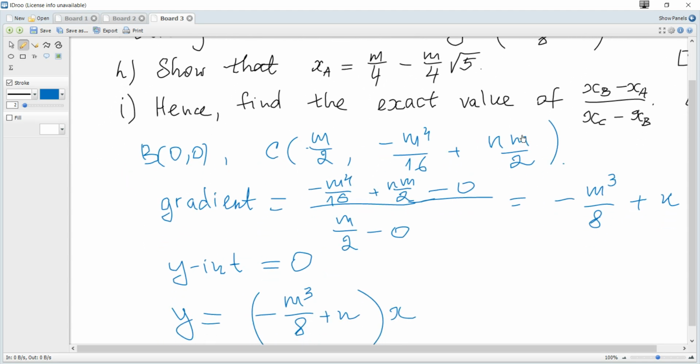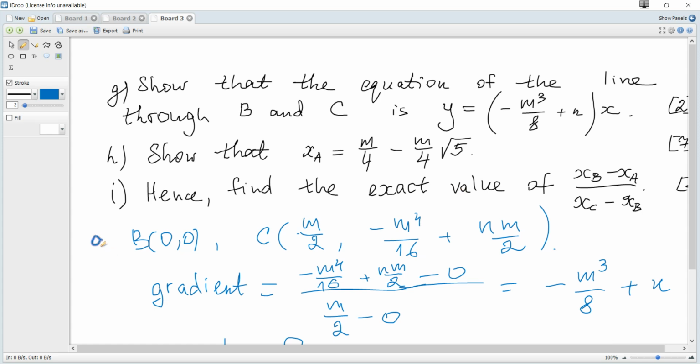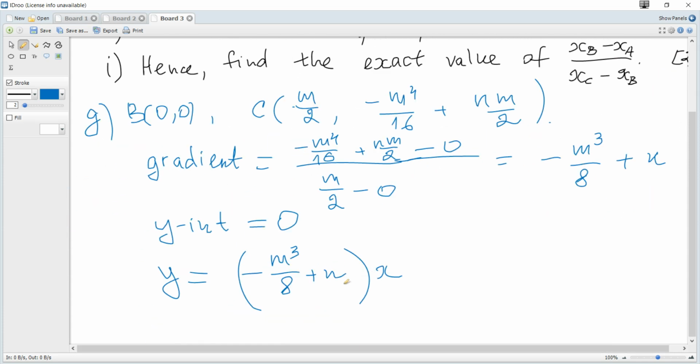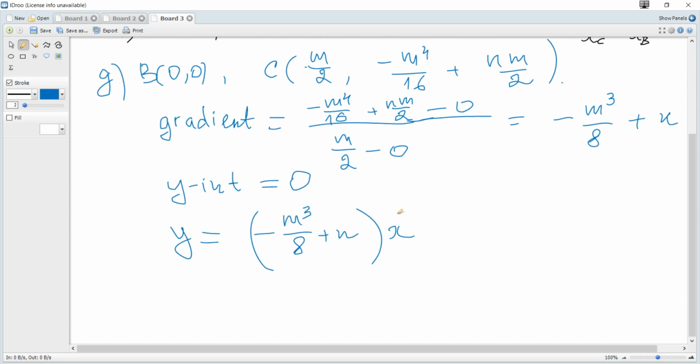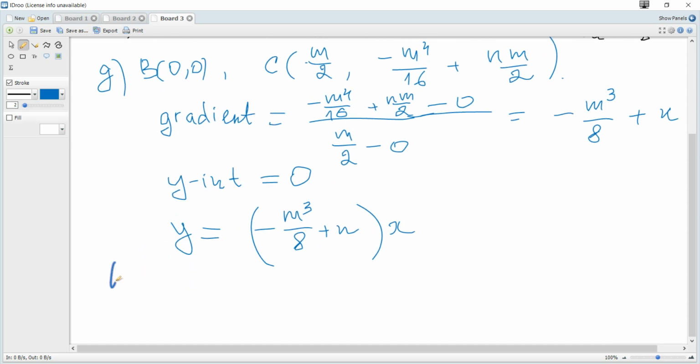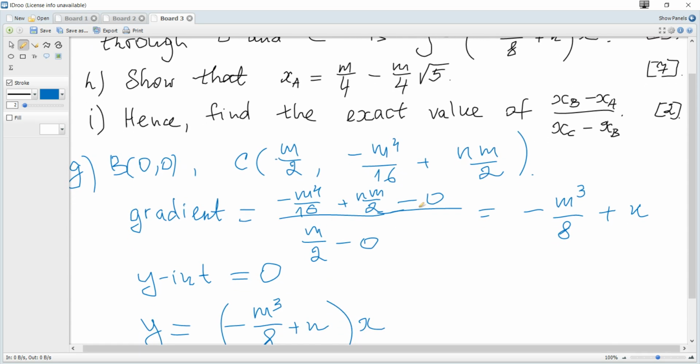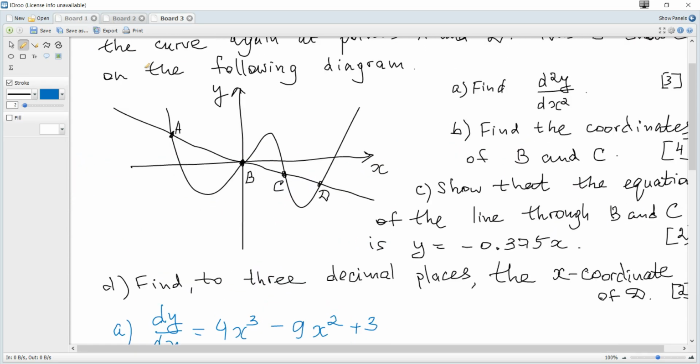Next, part G, show that xA is, and you can see there are 7 marks, and definitely since there are unknown parameters we cannot use a calculator. We should find it without a calculator. But what is xA?